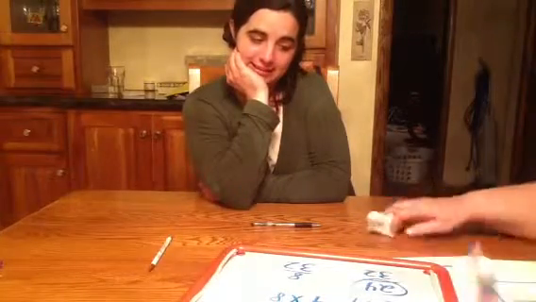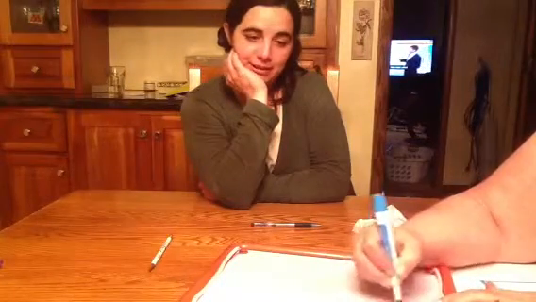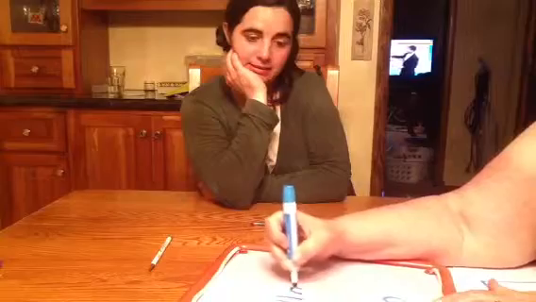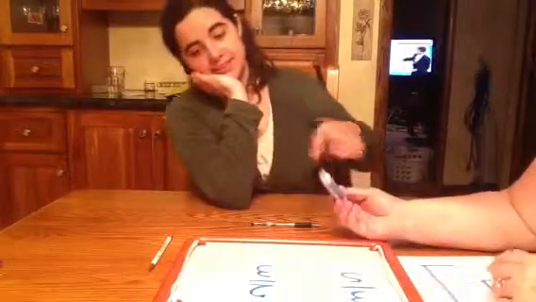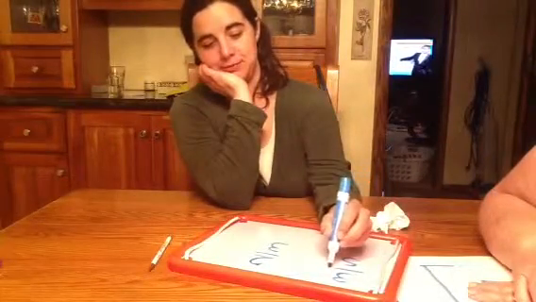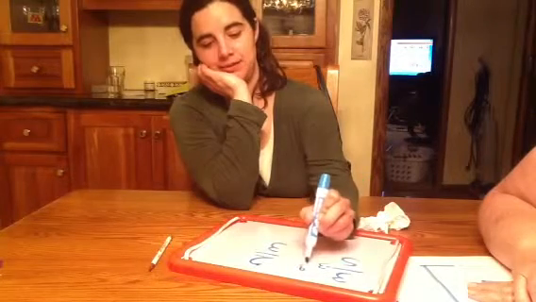Yeah, so can you think of another one? 3/5 and 2/3. Okay, so now I would like you to show me how you would get a common denominator. 5 by 3 is 9/15.